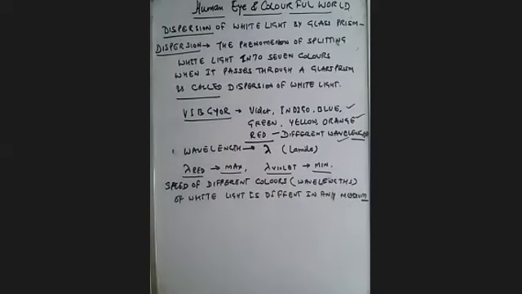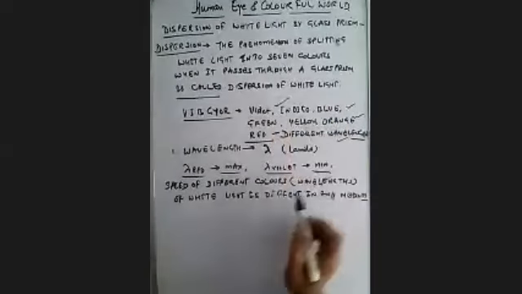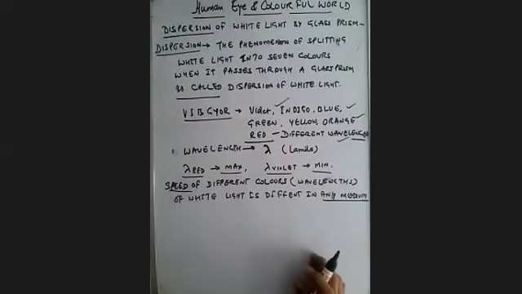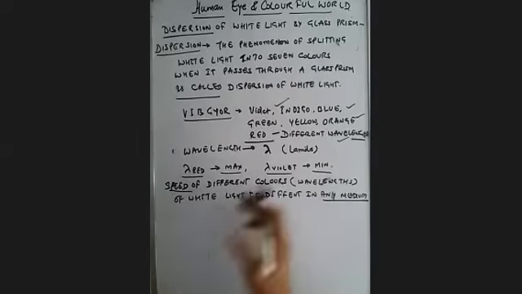So if white light is made to go through any medium, then because white light is made up of 7 different colors, and when they pass through any medium their speeds are different, they get separated. So they no longer move together, and they get split up. So that is what happens.